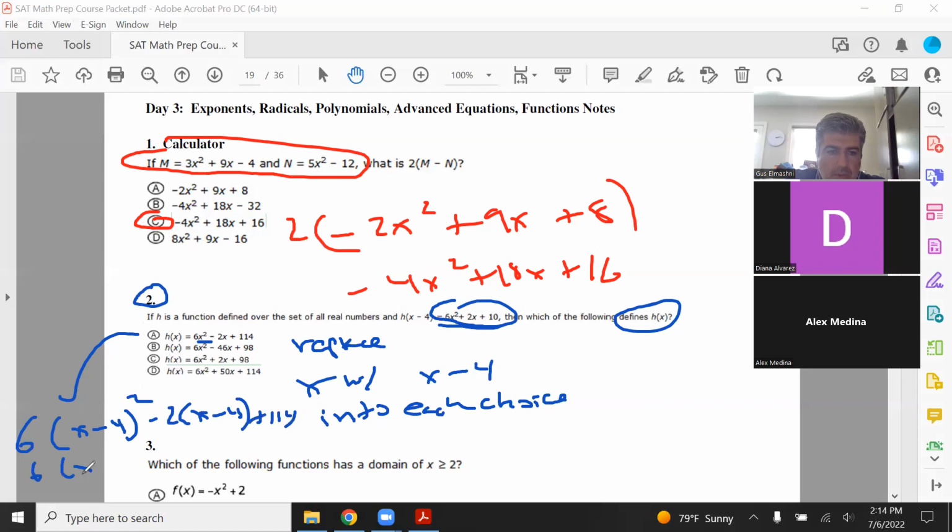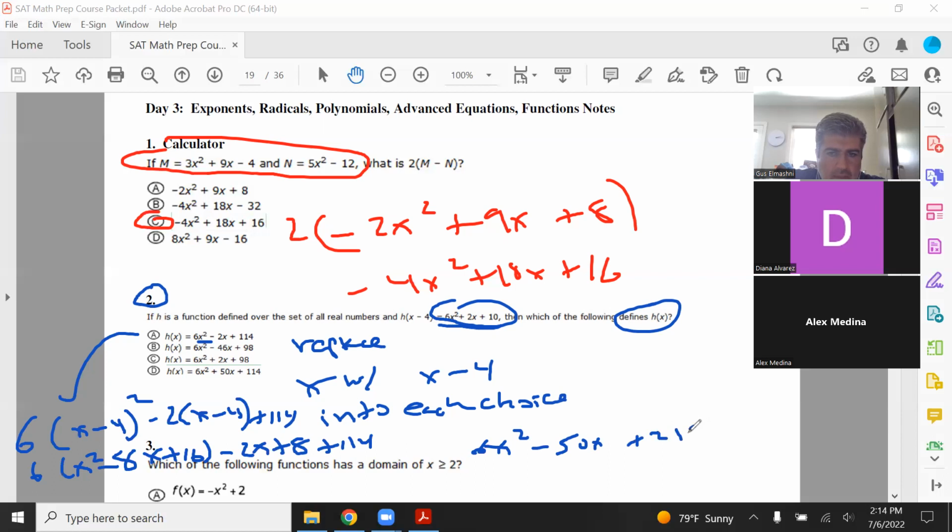And then you have to FOIL, and it's at negative 2, and combine like terms, you should have 6x squared, negative 50x, yikes, plus 96, it's 210, 218.